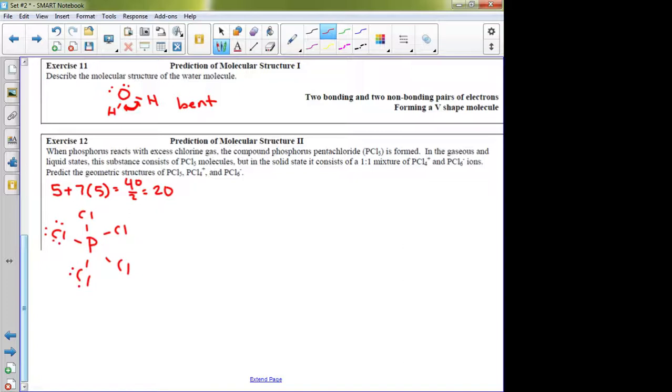I've got to put lone pairs on all my chlorines. Now, how do I know that phosphorus can hold 5 of these instead of just 4? It's in the 3rd period or greater, which means it has what orbital? D orbital. Thank you, that it can expand into. All right. So 4, 8, 12, 16, 20. So I know I drew all the pairs that I needed to draw. Yes? Okay. And what shape is this going to be?